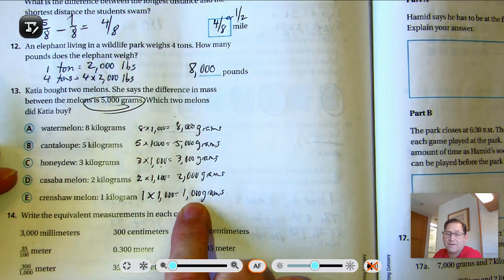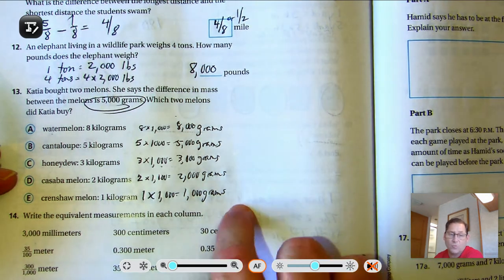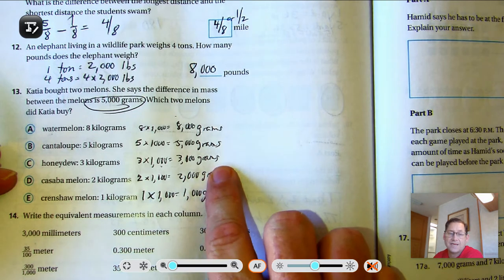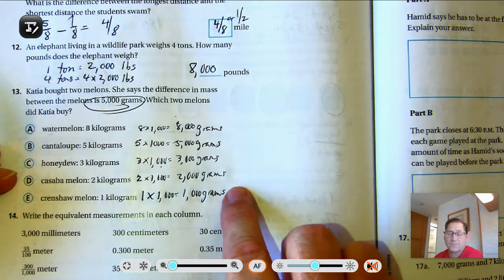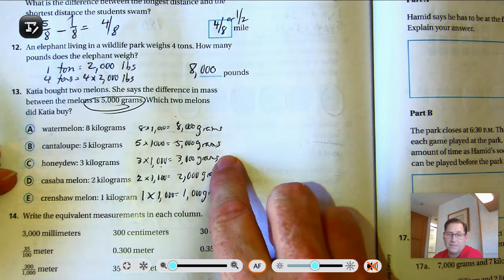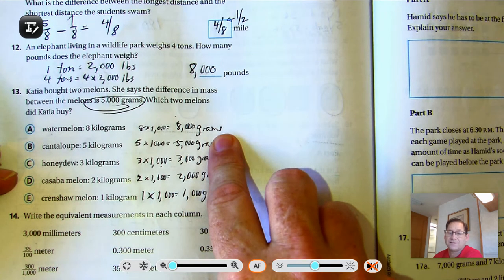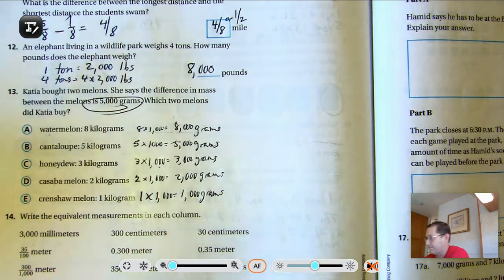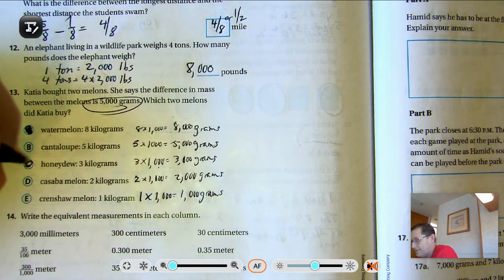So 1,000 plus 5,000 is 6,000. There isn't a 6,000, so one of the melons isn't this. 2,000 plus 5,000 is 7,000. There isn't a 7,000. 3,000 plus 5,000 is 8,000. So it's going to be these two. 5,000 plus 5,000 is 10,000. That's not a choice. Okay, so it's the watermelon and the honeydew.